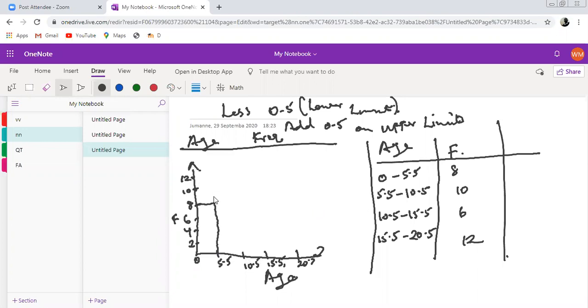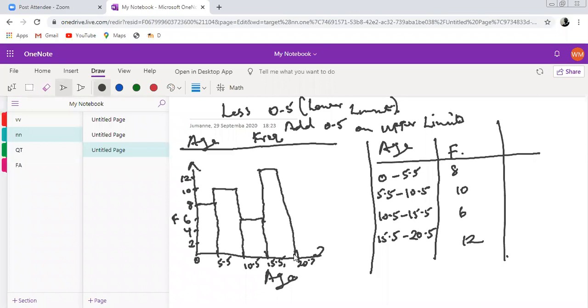So we can extend this one like that, because it should start from 5.5 as indicated here. From 10.5 to 15.5, the height goes up to 6. And then the other one, the height is up to 12.